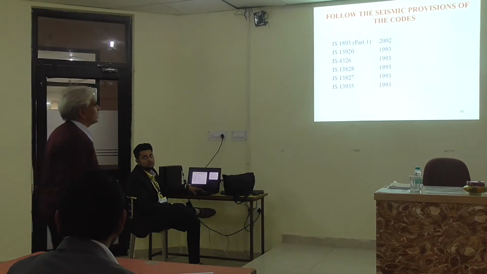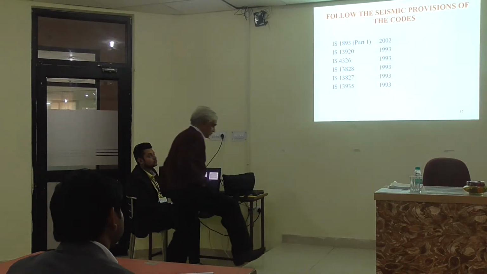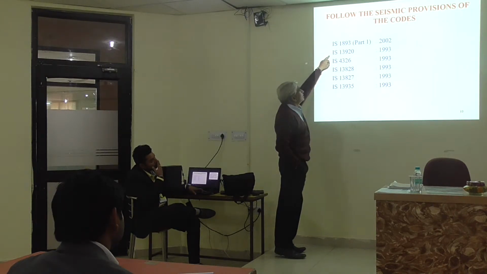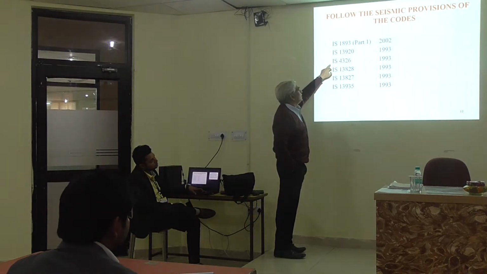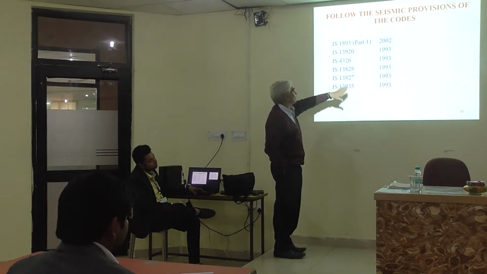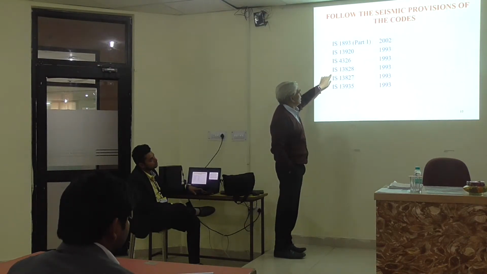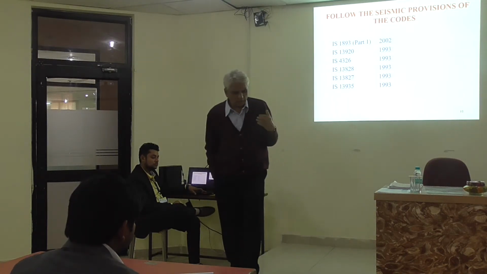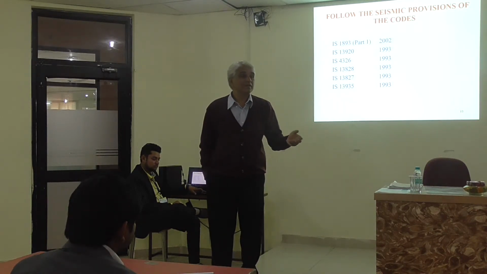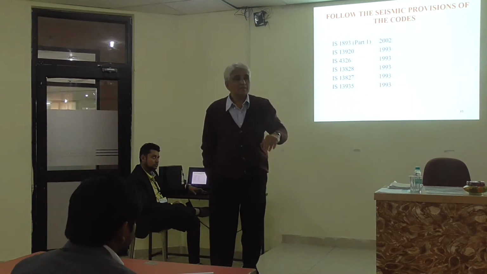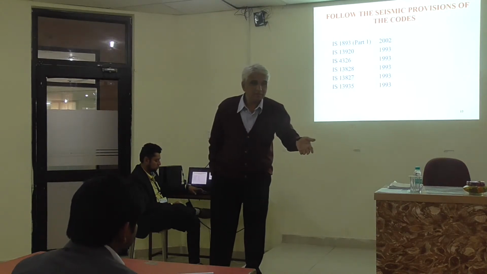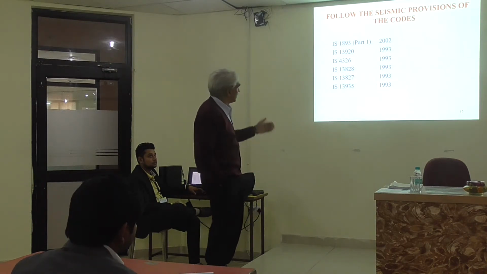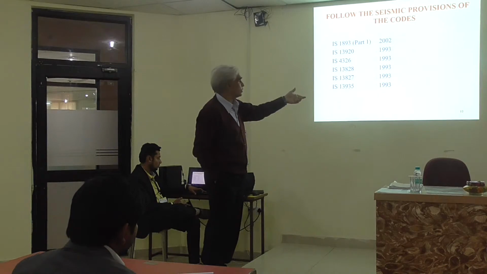These are the different codes: earthquake design of buildings, ductile detailing code, 4326, again earthquake resistant design for structures, and then 3A828, 827, 935, which are codes on earthquake resistant earthen buildings, earthquake resistant stone masonry buildings and earthquake resistant masonry buildings. So these are the different codes, but some have been revised.